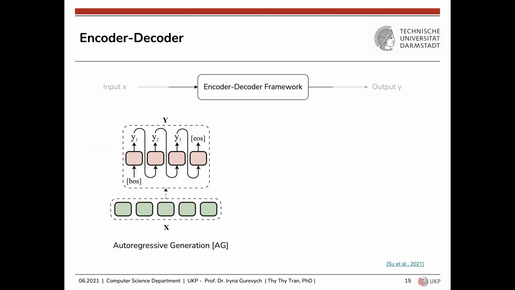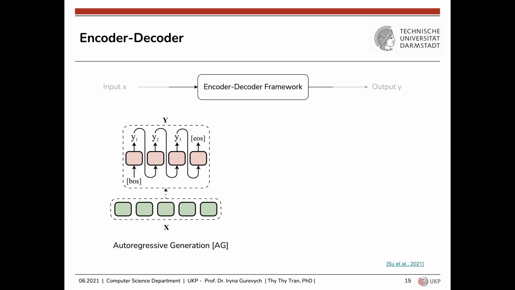So we have gone through the input and output of a conversation model. Now we will talk about the model. The encoder-decoder framework has been introduced in previous lecture. The encoder takes the input text and produces a context vector, and the decoder then generates the output text given the context vector.